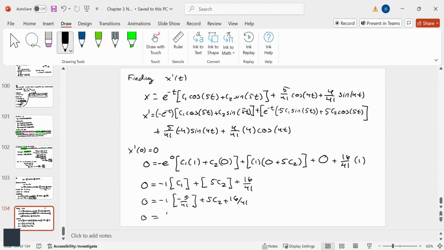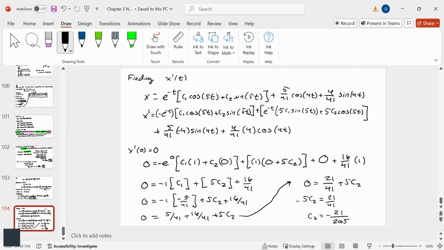So then 0 is equal to 5 over 41 plus 16 over 41 plus 5c2, which then means we get 21 over 41, can't forget the 0. And then we get negative 5c2 equals 21 over 41. And so c2 is going to be equal to negative 21 over 205, if I did that multiplication correctly. And that answer looks correct according to the solution.